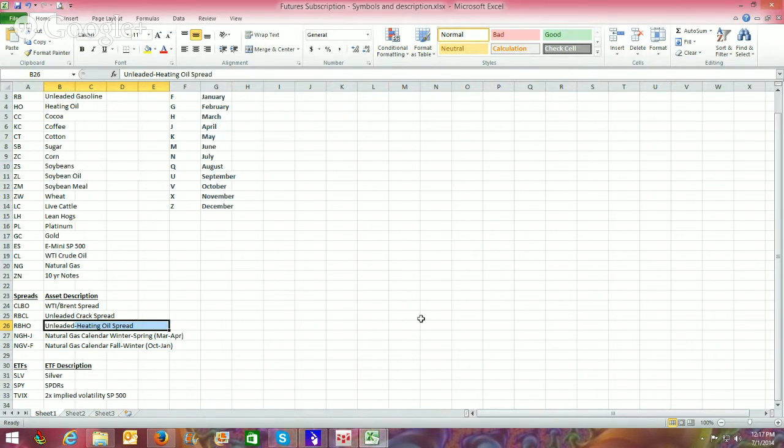Basically what it is, a refinery will want to know, when I crack my crude into these refined products, how much do I get on the RBOB versus how much do I get on the diesel? And if I'm getting more on the RBOB than on the diesel, maybe I want to run refineries that are producing a higher output percentage of the RBOB unleaded versus the diesel.